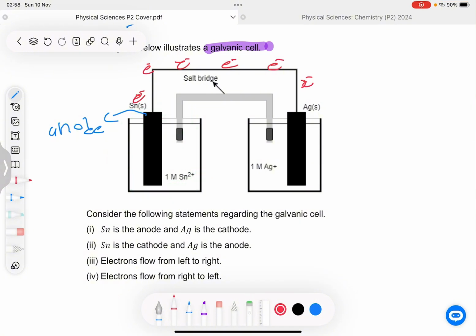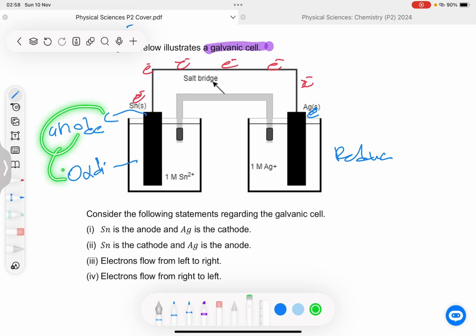That means this side here we're experiencing an oxidation reaction because we are losing electrons. And this side here we are gaining those electrons, because they are coming through to this side. This means this side will be a reduction reaction.